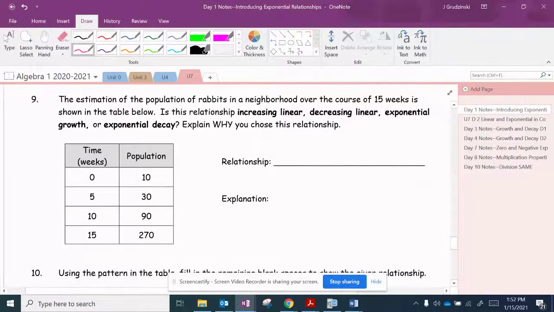So first we're going to look at the table. To go from 10 to 30, I know I can multiply 10 by 3. To go from 30 to 90, I know I can multiply 30 times 3. And to go from 90 to 270, I can multiply 90 times 3. So that tells me that my relationship is exponential growth.